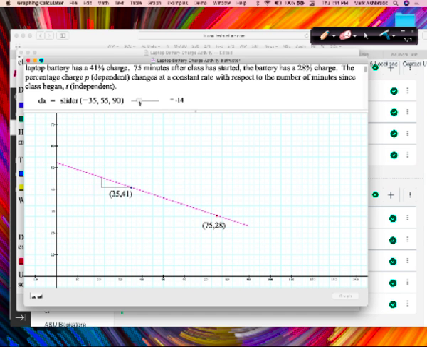So what is this animation showing first? Constant rate. Well, that's what the triangle represents. What's the triangle represent? The rate at which the battery is going? Does the triangle represent the rate?